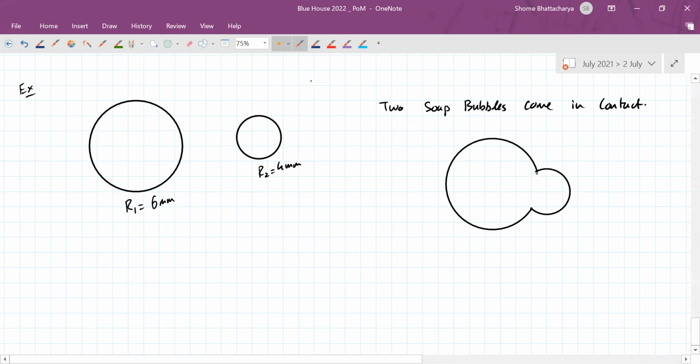Now here there will be some kind of an interface between the two, which I'm not drawing. So assume their walls, the part in contact, do not break. They're just in contact.